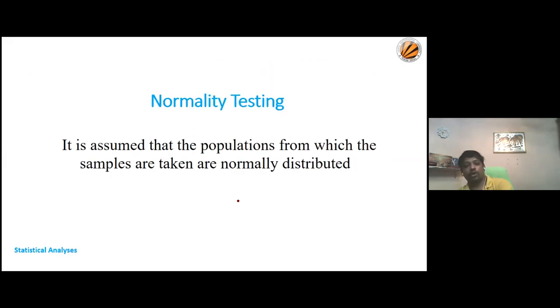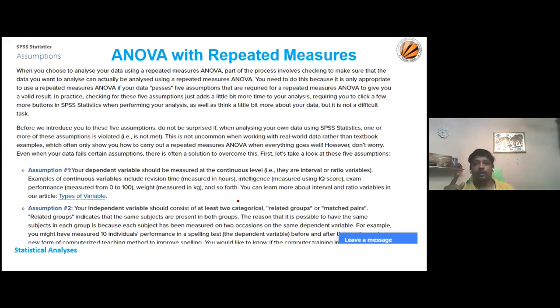The normality testing assumes that the populations from which the samples are taken are normally distributed. So this is your normality testing, right? When you do a statistical analysis, your data should meet the assumptions.